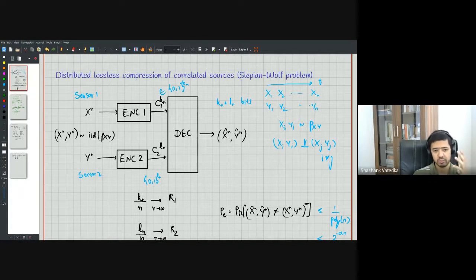The only things in your control are the encoders and the decoders. The only statement I'm making is that if xn and yn are very highly correlated with each other, then it is possible to achieve much lower rates, or get much better compression performance, by decoding them jointly, even though they're encoded separately.